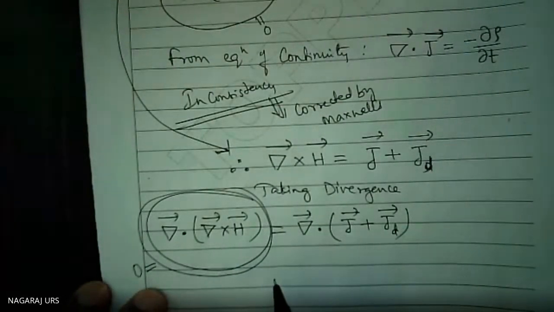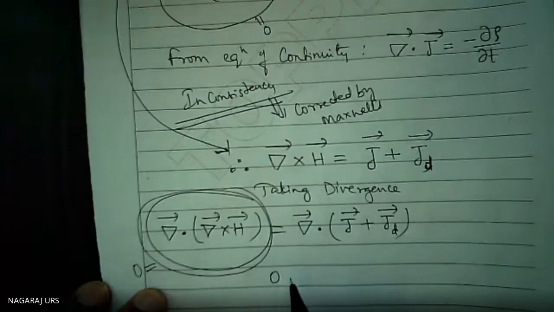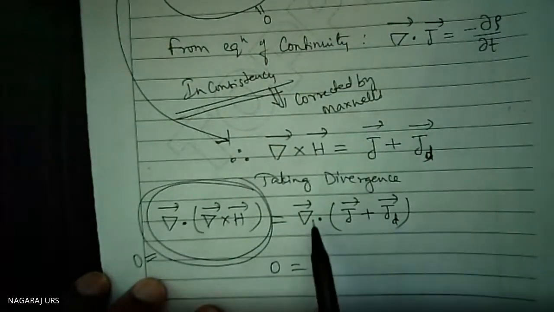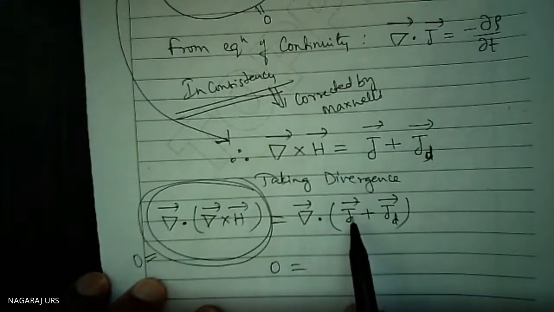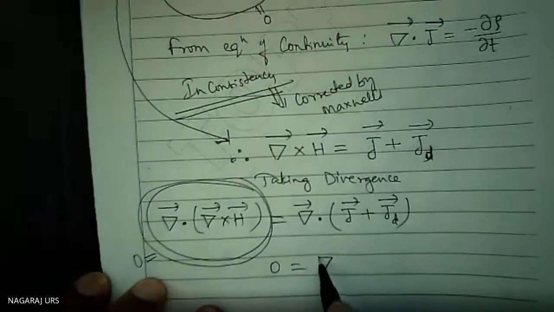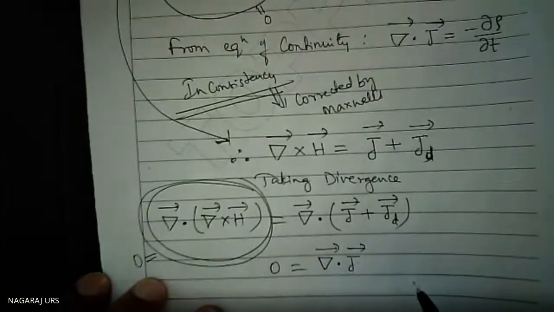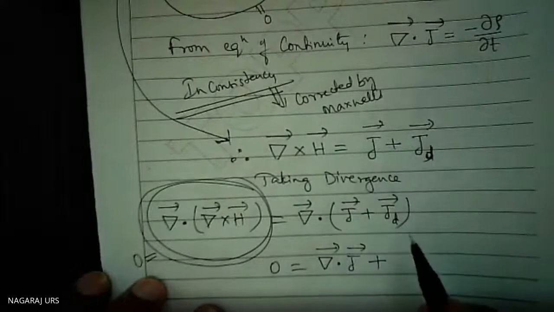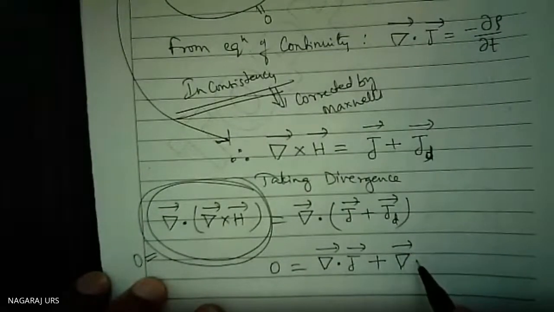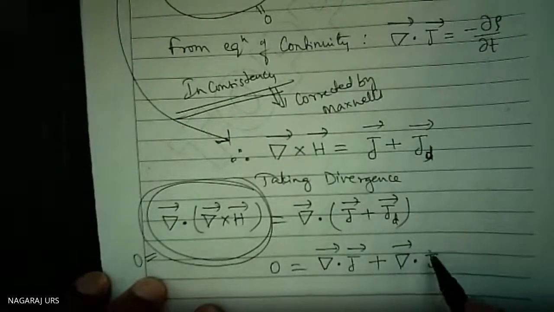This can be written as del dot J plus del dot JD.